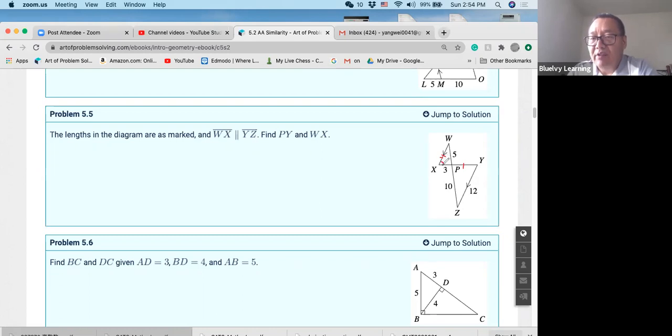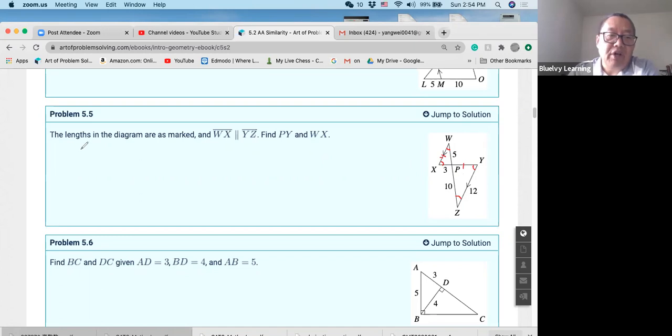See, this one will equal this one. This is called alternate interior angles. This one will equal this one, also alternate interior angles. Then these two triangles have two pairs of angles that are congruent.